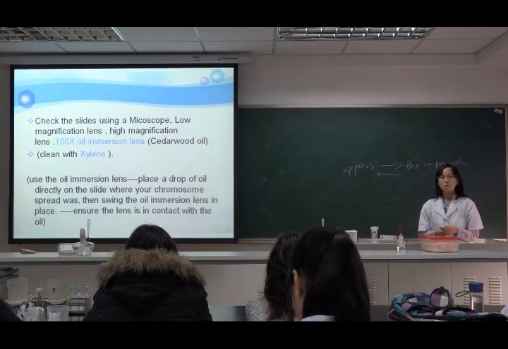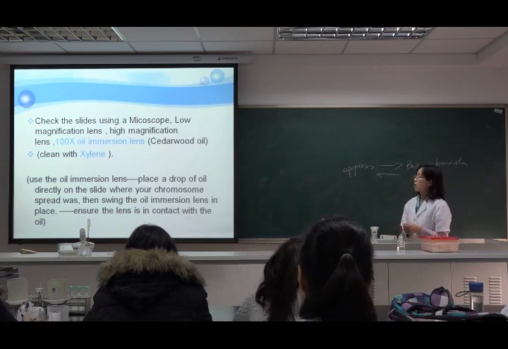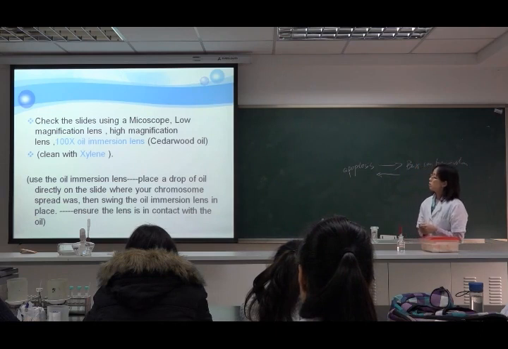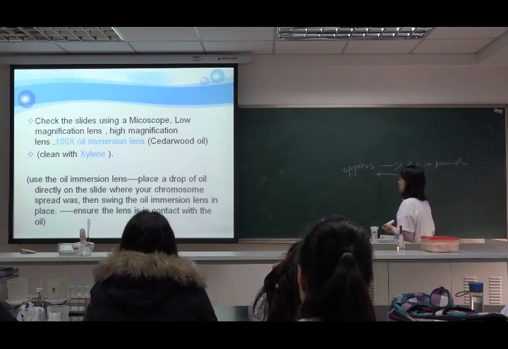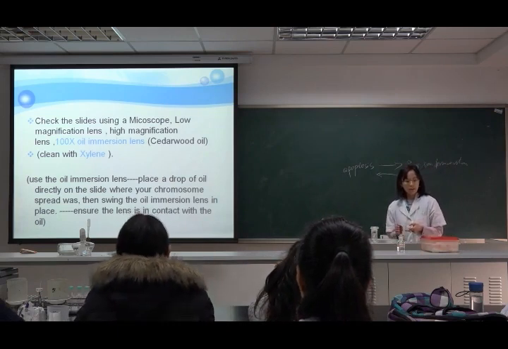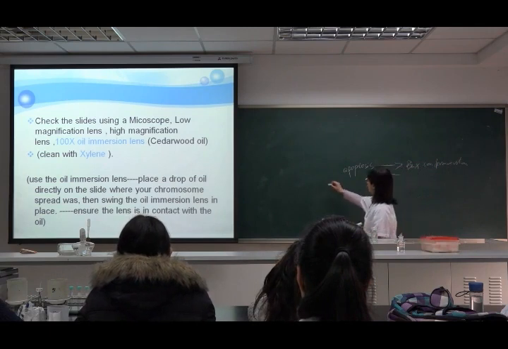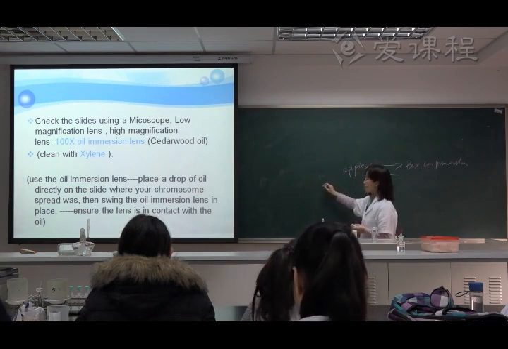Using the microscope is a little different because today we will use the oil immersion lens. First you should use the low magnification lens. You can see something like small ants, very small, under the microscope.